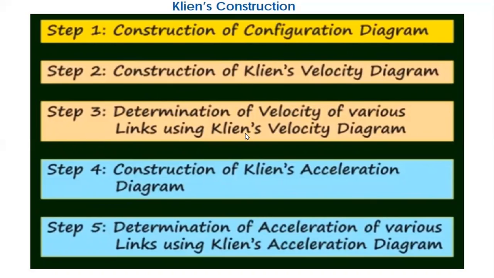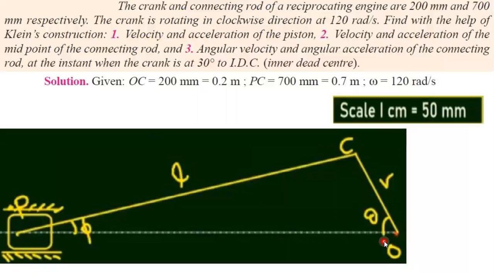Third step is determination of velocity of various lengths using Klien velocity diagram. Fourth step is construction of Klien acceleration diagram. Fifth step is determination of acceleration of various lengths using Klien acceleration diagram. If you follow step by step, it's very easy for us to calculate.